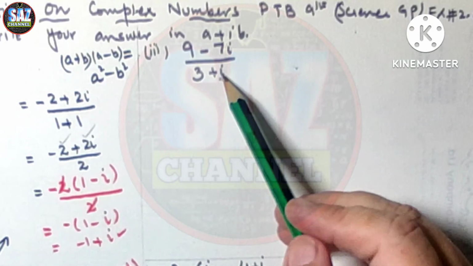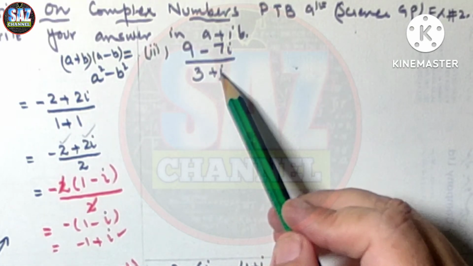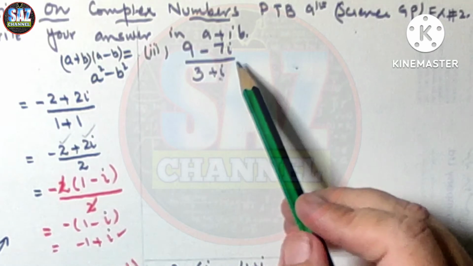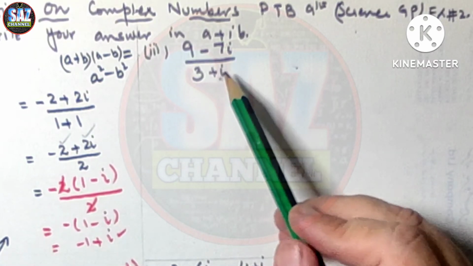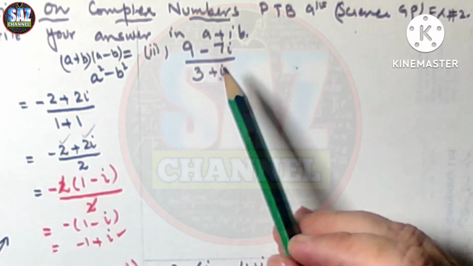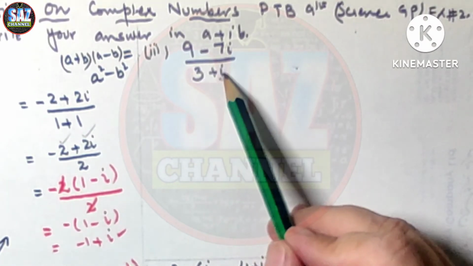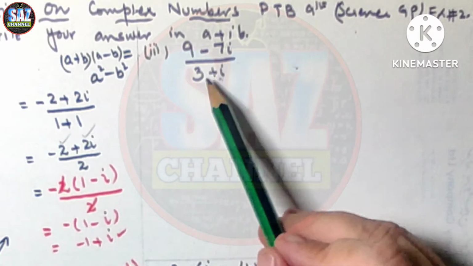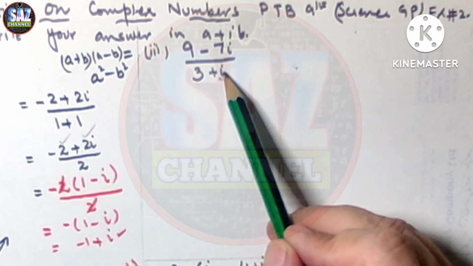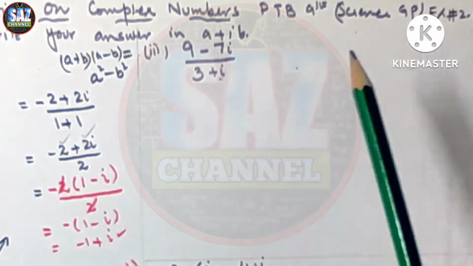In order to make the denominator real number, we have to multiply and divide this fraction by the conjugate of this number which is in the denominator. We have to multiply and divide the fraction by 3 minus iota, which is actually the conjugate of the denominator.